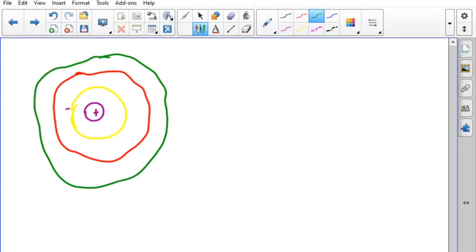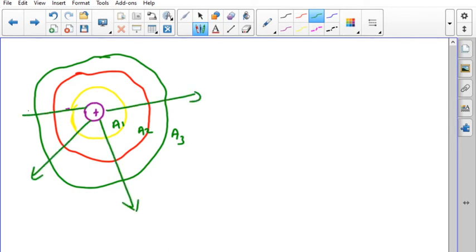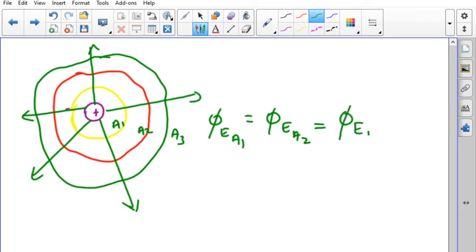If you take the areas as A1, A2 and A3, the flux through each area remains the same, with electric field lines drawn around this charge. So phi E through A1 is equal to phi E through A2 is equal to phi E through A3.